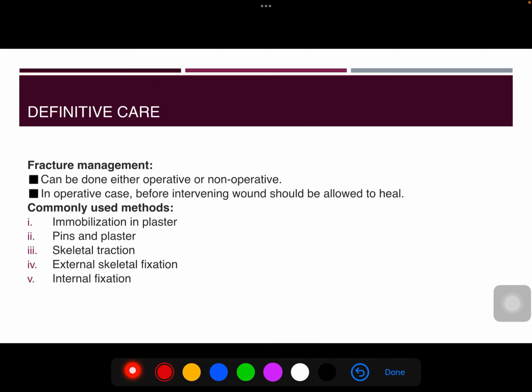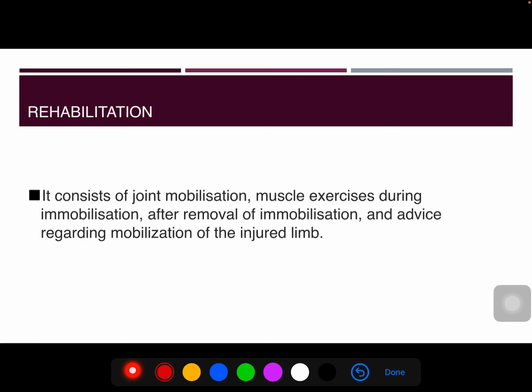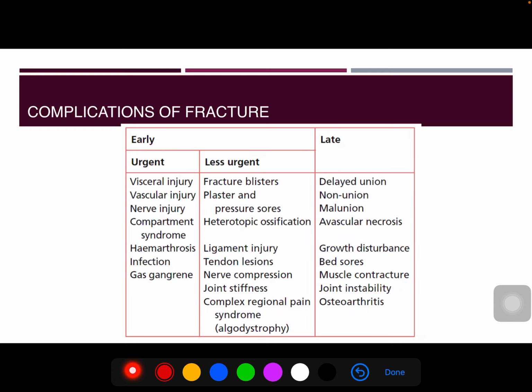For definitive fracture management, commonly used are plaster, pins, skeletal traction, external skeletal fixation, and internal fixation. Rehabilitation consists of joint mobilization, muscle exercise during immobilization, after removal of the immobilization, and advice regarding mobilization of the injured limb.